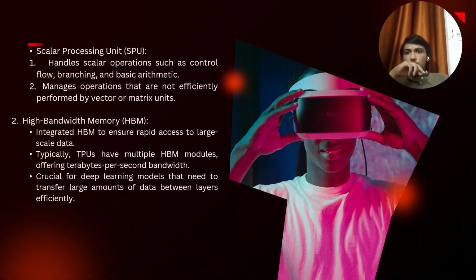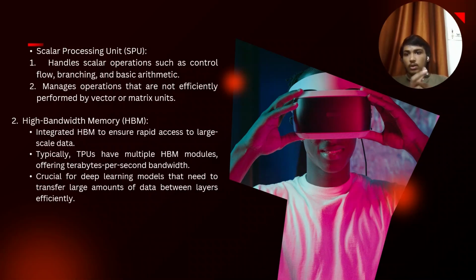The scalar processing unit handles scalar operations such as control flow, branching, and basic arithmetic. Means if TPU can handle large matrix multiplication, then of course it can handle basic arithmetic. It manages operations that are not efficiently performed by vector or matrix units.